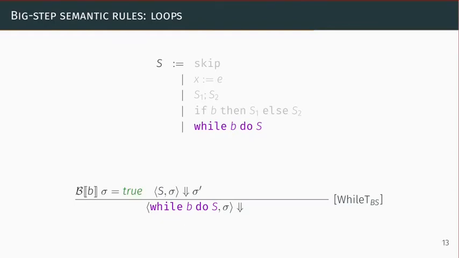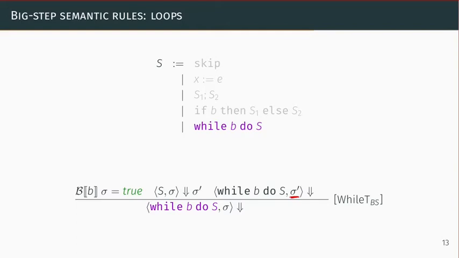So we have to execute first the body of the loop, which is S under the state sigma. Let us assume that we find a derivation such that the final state is sigma prime. Then we have to try to execute the loop under that same state sigma prime, that is, after we have executed the body of the loop.